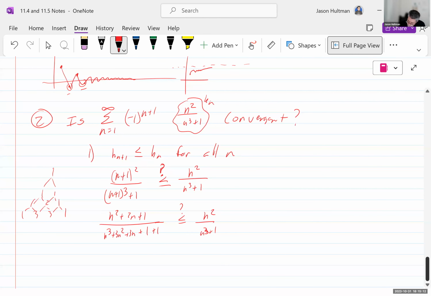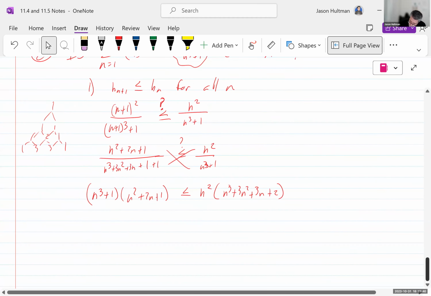Now I'm going to cross multiply. I get (n cubed plus 1) times (n squared plus 2n plus 1) is less than or equal to n squared times (n cubed plus 3n squared plus 3n plus 2)?